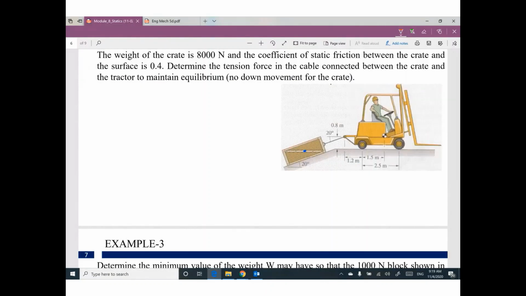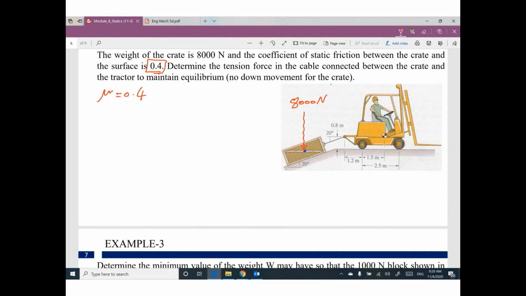Weight means vertical, downward: 8,000 Newton. And the coefficient of static friction between the crate and the surface is 0.4. Coefficient of friction, called mu, equals 0.4.